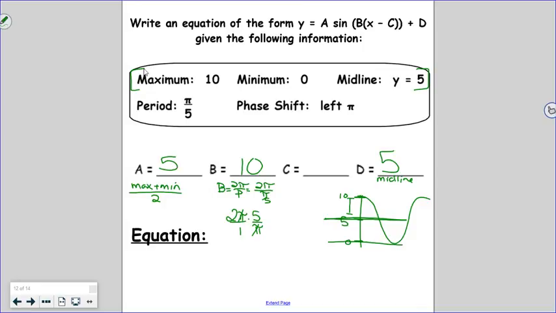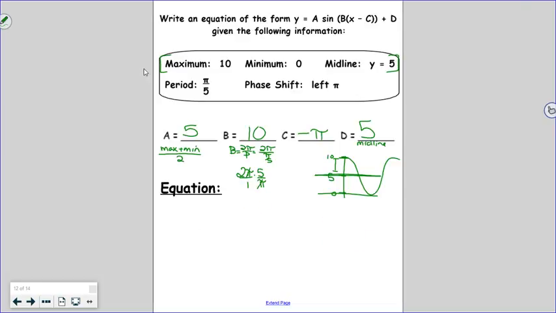B value is 10. And then here's what we have to be cautious of. Guys, if they use the word left for a C value, what does that mean? Negative, right? And then in my equation, it means plus. Again, the equation is the only time it's opposite.